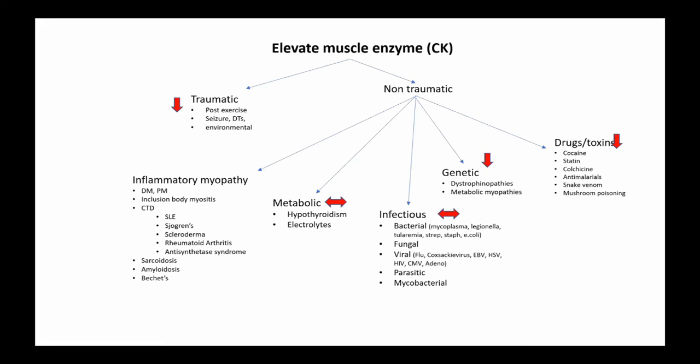Sarcoid is on this list. You would expect if this patient did have sarcoidosis, some lymphadenopathy, rash, or other findings. Not seeing that here. Amyloid as well, you would expect her to have maybe a CKD or a neuropathy. So I would put amyloid a little lower on the list. Behçet's, typically ulcers, you would see. Again, that's lower on the differential.